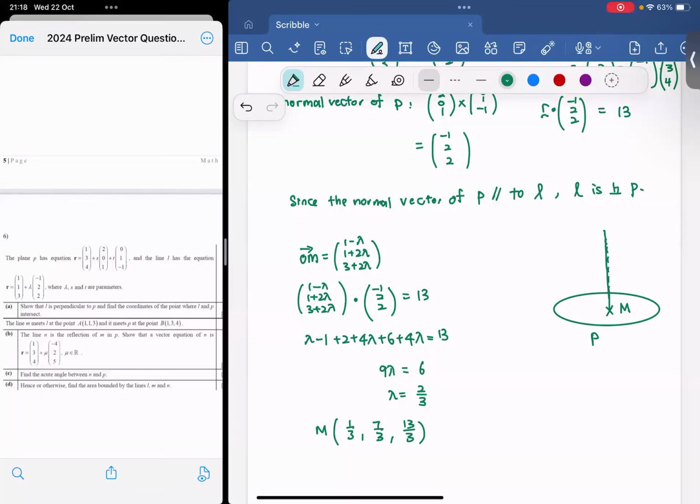Next. The line M meets L at the point A and meets P at this point. The line N is the reflection of this. Find the acute angle. What are they talking about?